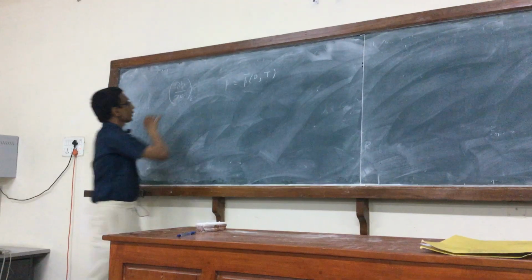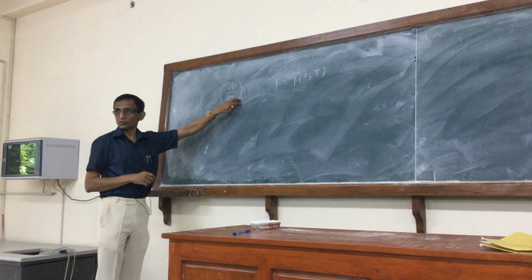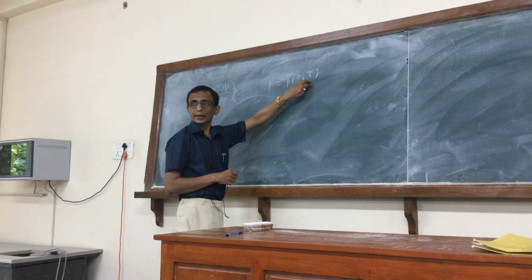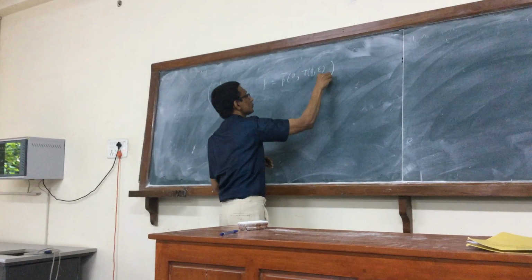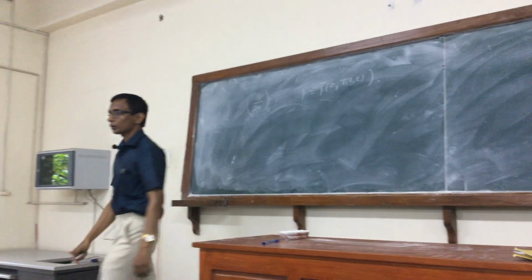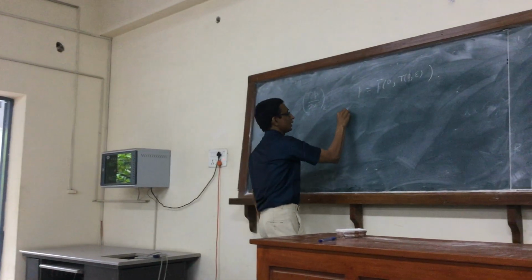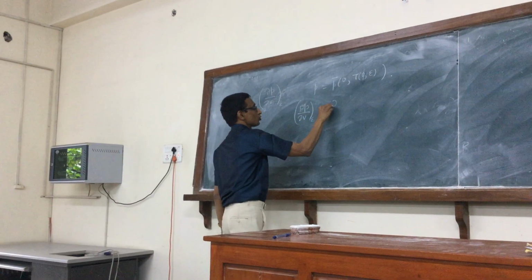So now I clearly see that for this derivative, P must be a function of V and E. I see that V is already there, but I have T instead of E. So clearly, this is what it would be. And now if I want to write dP by dV at constant E, I can use the chain rule.